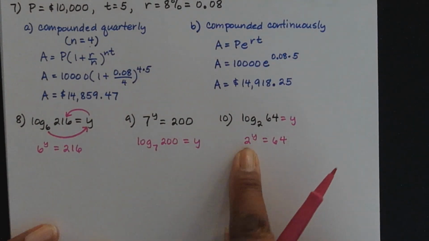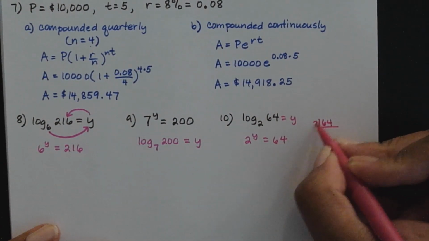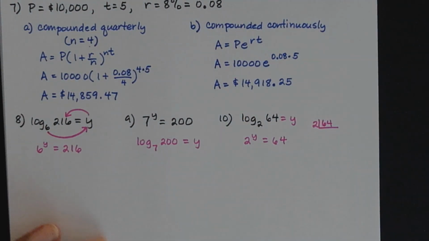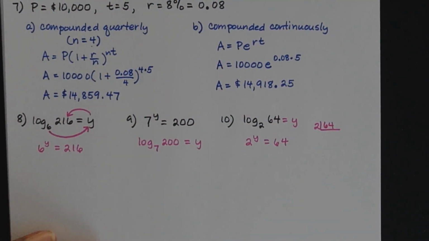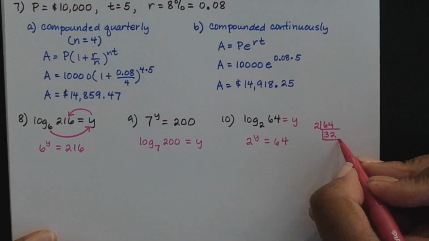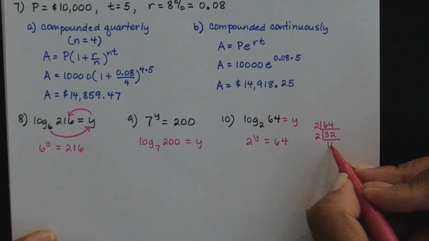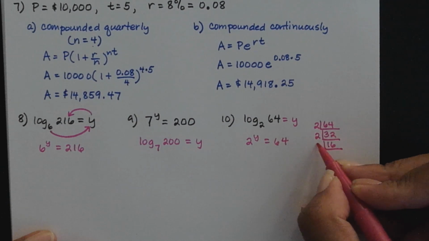Well, since this base is 2, I'm going to keep dividing by 2 to see if I can write 64 with a base of 2. So 2 goes into 64 32 times. Then I'll divide by 2 again. 2 goes into 32 16 times.